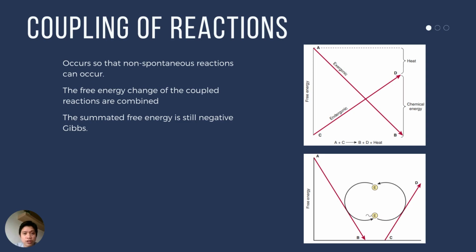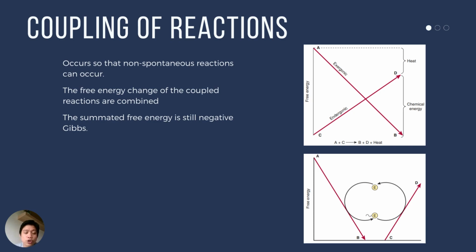So that is solved by the human body and by the biologic systems through coupling of reactions. So what happens in the coupling of reactions? So the free energy change of the coupled reactions are combined, and the total energy will still be negative. Okay?